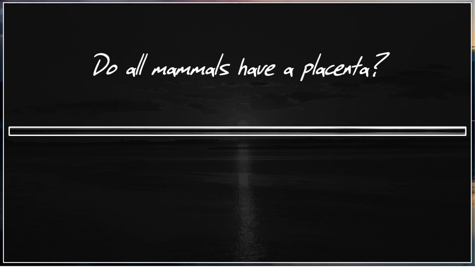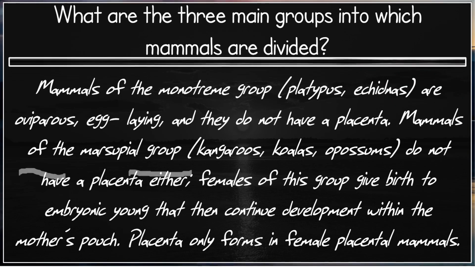Do all mammals have placenta? Mammals of the monotreme group, the platypus and echidnas, are oviparous. They are egg-laying. They do not have a placenta.